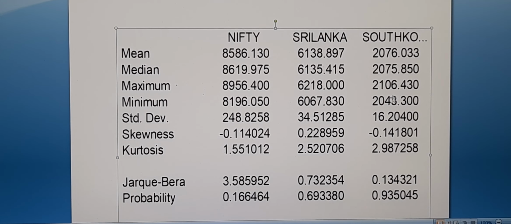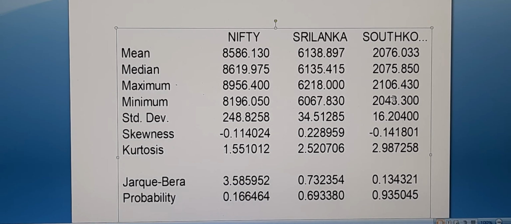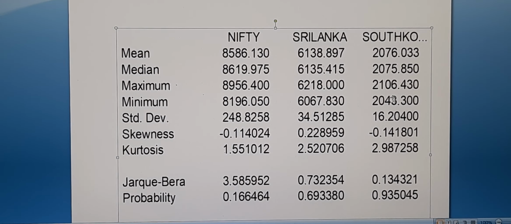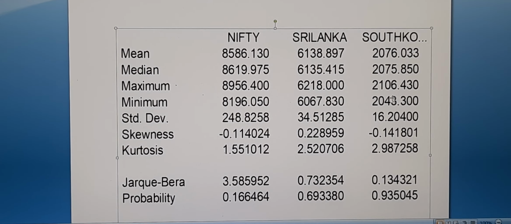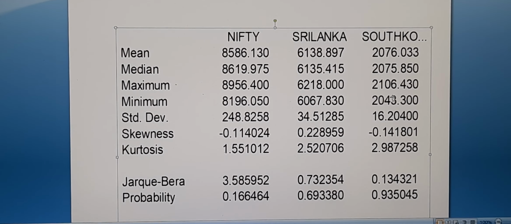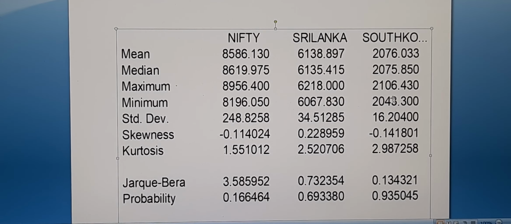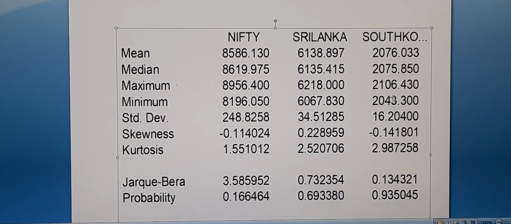If the series is mesokurtic, then the kurtosis will be 3. Mesokurtic means normally distributed, with no sharpness. Okay. Now you see the Jarque-Bera for the Nifty in India, the Colombo stock market in Sri Lanka, and the KOSPI in South Korea.